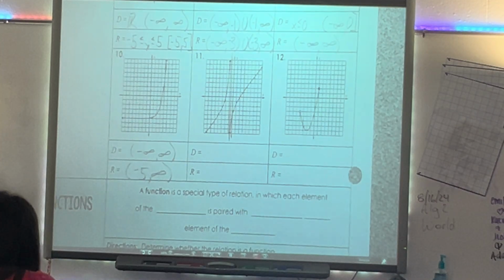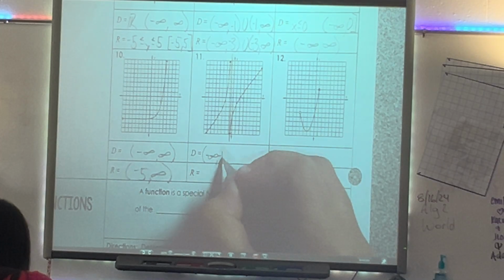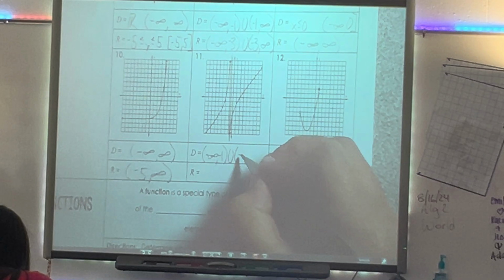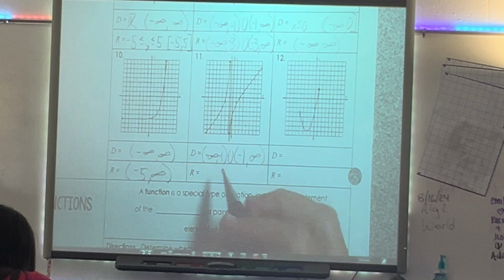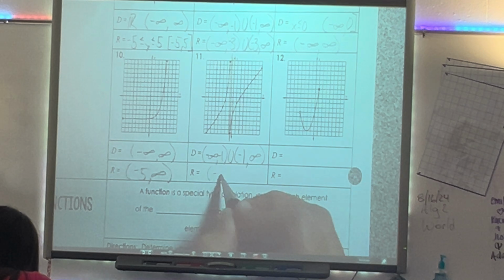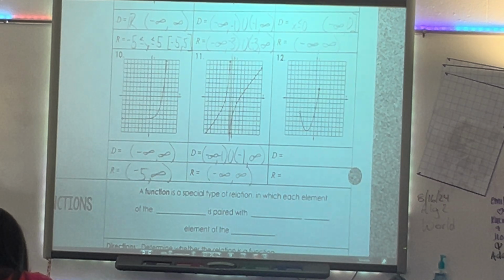Looks like it's at -1 right there, so -infinity to -1, union with -1 to infinity. But your range is all reals. Y'all okay with why the range is all reals there? Even though there's a break in the domain, the discontinuity on that would also be infinite. Does that make sense?